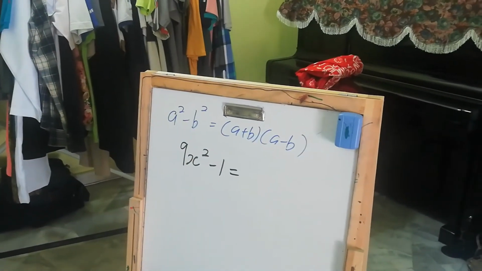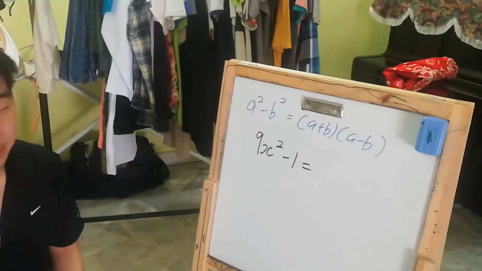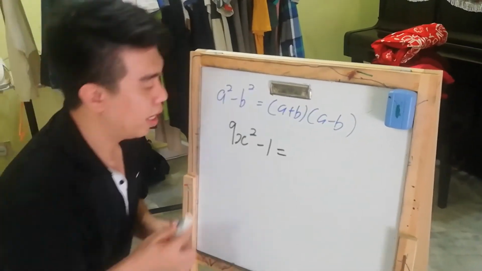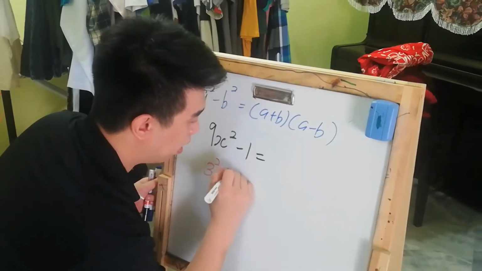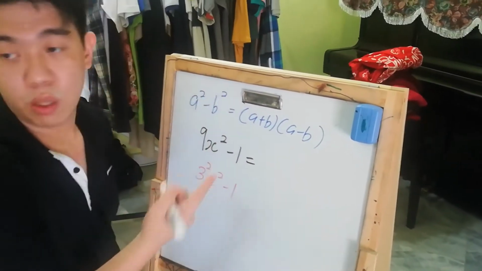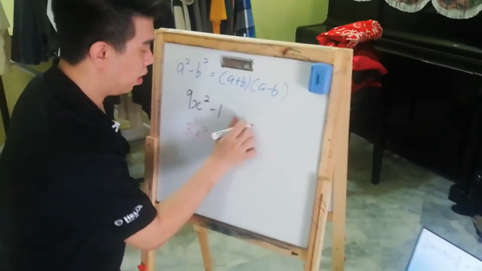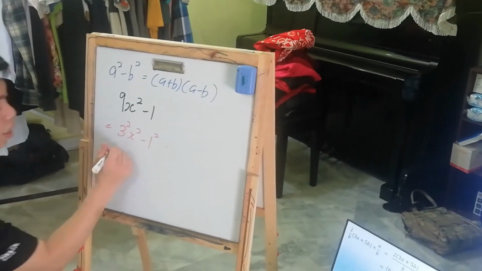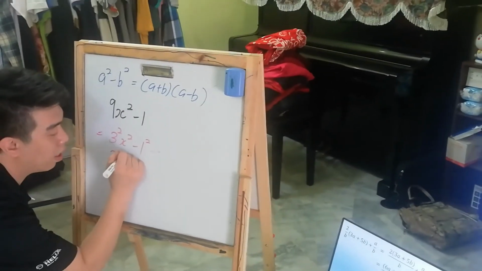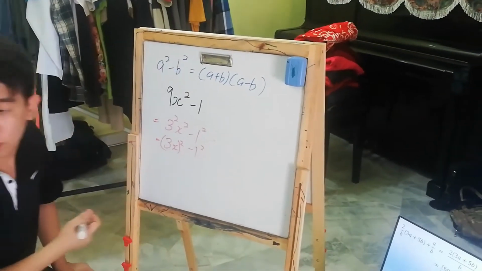9x squared minus 1. 9 can become 3 squared. Yes. So you get 3 squared x squared minus 1. 1 squared is 1 also, so you can write 1 squared. So here you can factor out the square. You get (3x) squared minus 1 squared.